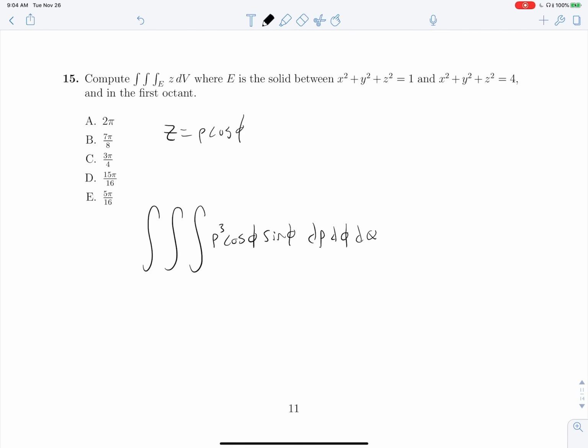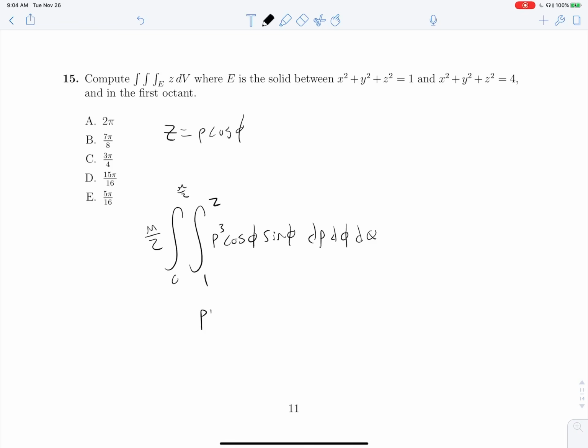And we're looking for the solid between, let's see, rho is equal to 1 and rho is equal to 2 in the first octant. So these are going to run from 0 to pi over 2 and 0 to pi over 2. We're not dependent on theta, so this just becomes pi over 2 out here.